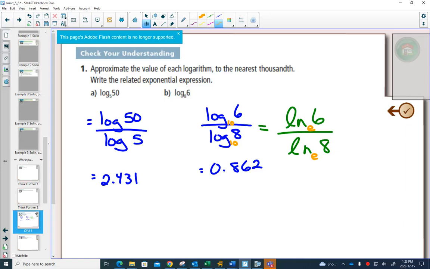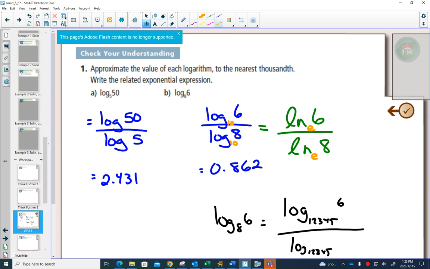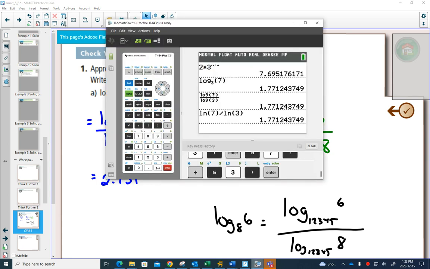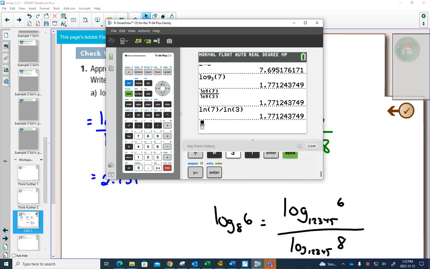And if you wanted to make your life difficult, you could have chosen log base any number you want, 12345, of 6 divided by log base 12345 of 8. And if you wanted to do that, you could go to your calculator and get a fraction going.